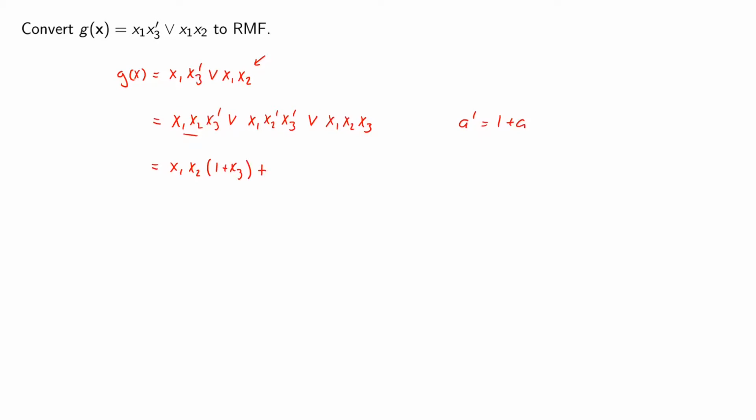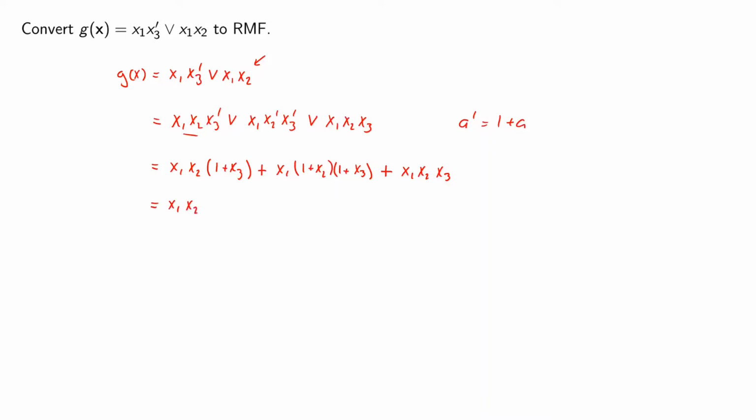And then since we have min terms, we can just replace or with a plus. So now we have x1 (1 plus x2)(1 plus x3), and then the last or we can also just exchange with a plus sign because we have min terms, and here we will have x1 x2 x3. So let us just expand this by using the distributive law.